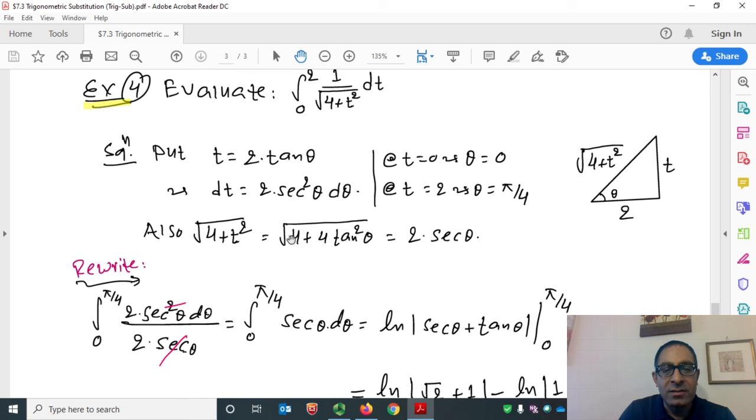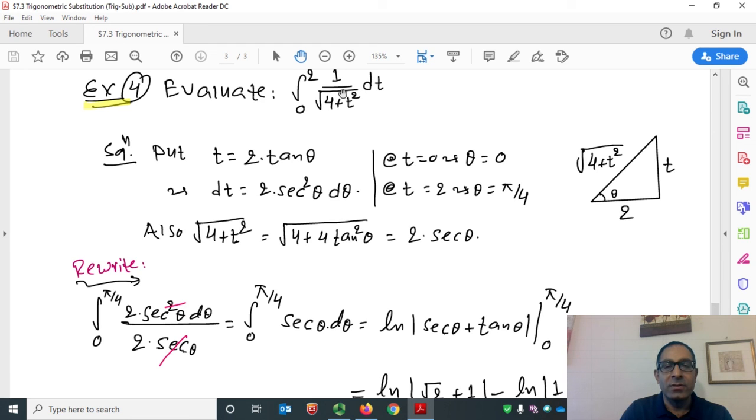Then inside is radical 1 plus tan squared theta, which is secant squared theta. And pull the secant squared theta outside the radical, it becomes simply secant theta. So I have 2 secant theta left. Great. So let's rewrite the given integral. So my limit of integration becomes 0 to pi over 4.